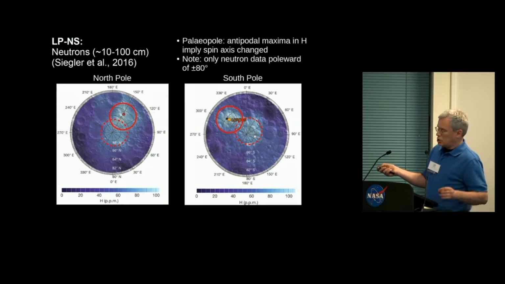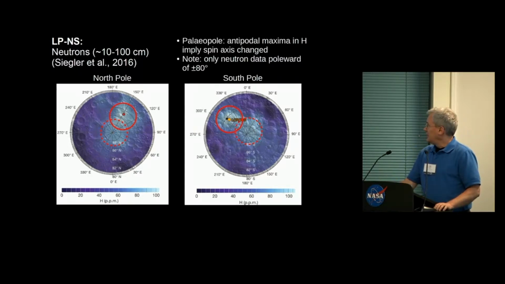But then there's also at each pole a concentration offset from each pole, surrounded by the solid circles here. And what's interesting about these is that they are basically antipodal. These two offset hydration patches are at about the same latitudes. They are at approximately opposite longitudes, and they even have approximately the same peak hydration abundances.